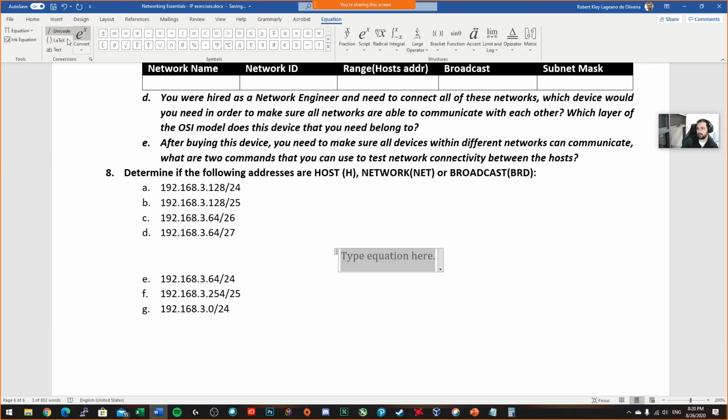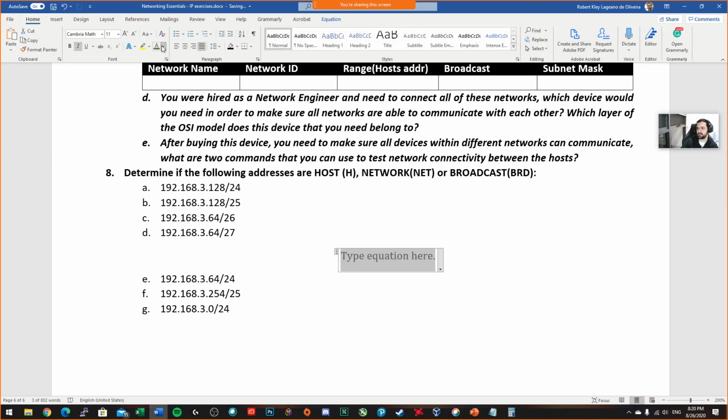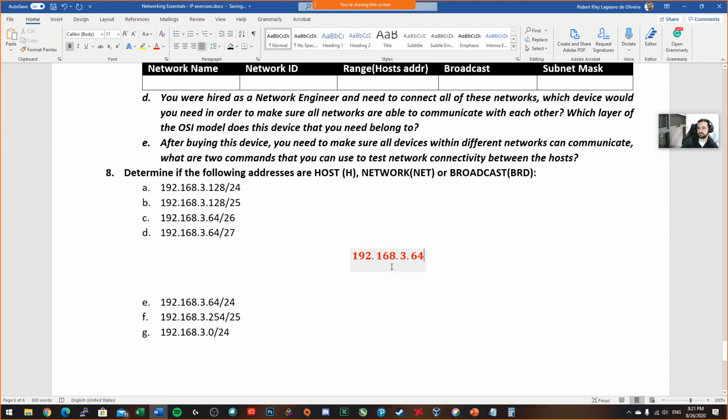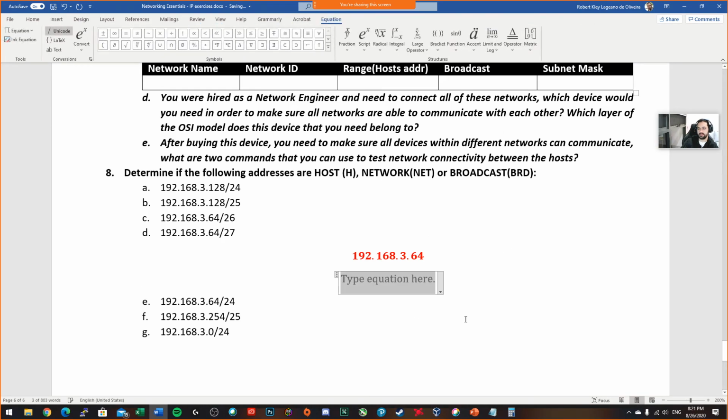Yes. What is the address in binary? Let's do the conversion. We do it together. 192.168.3.64. What's the binary conversion of this? 1100 4 zeros. We did this so many times already. You should know already.